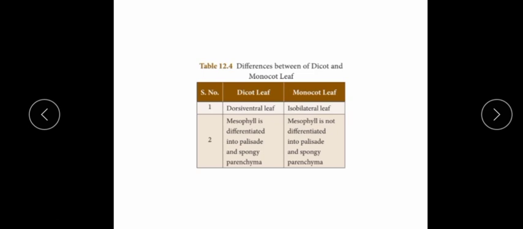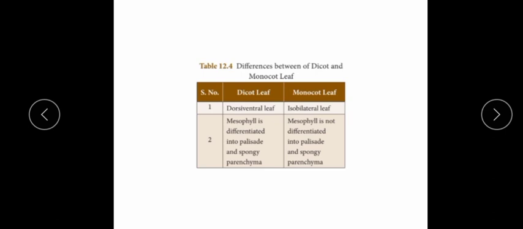I am just marking all the interiors for you. So have a look at all those things. Wherever I have given, please mark it up. The difference between the dicot and monocot leaf. First point, only 2 points is given, it is just for a 2-mark question. It is dorsiventral leaf. The word dorsi means dorsal and the ventral.